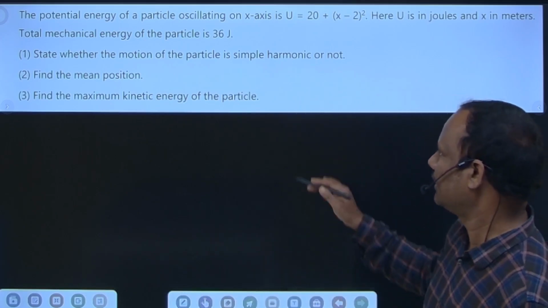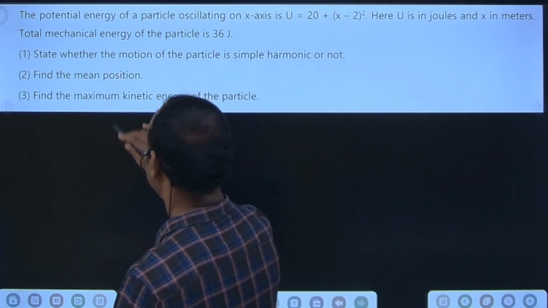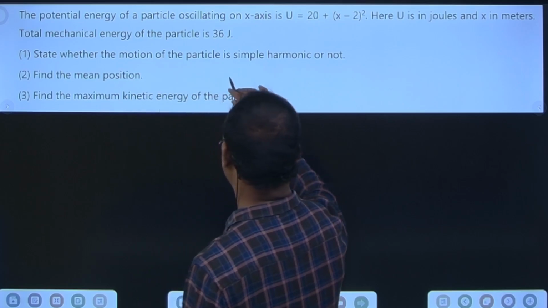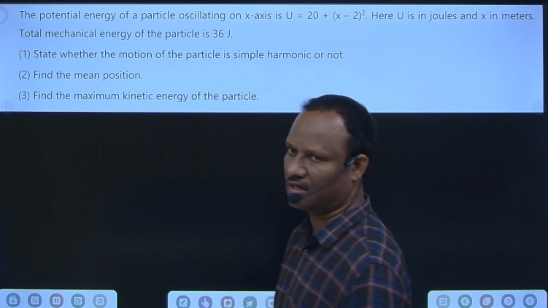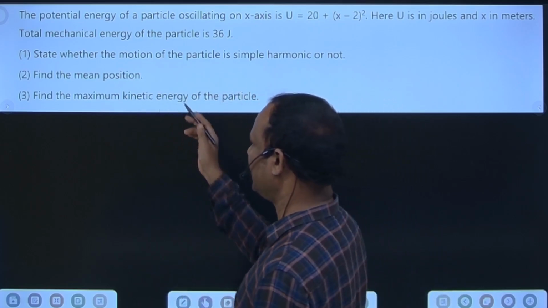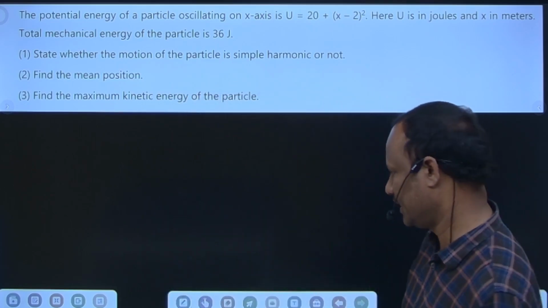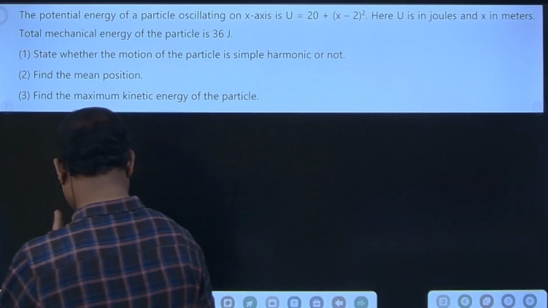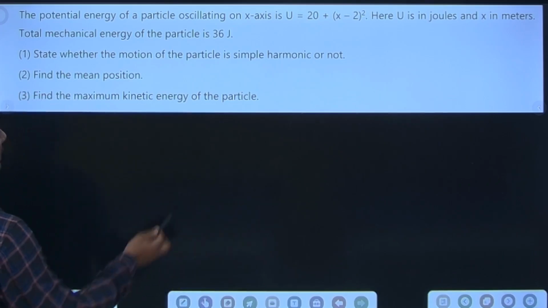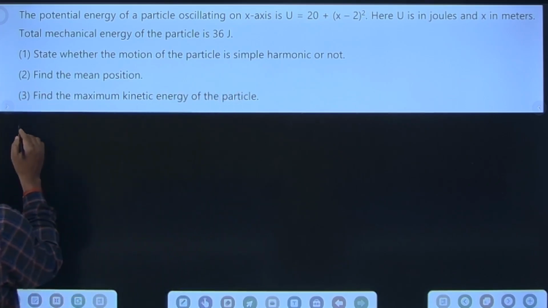The next question asks you to state whether the motion of the particle is simple harmonic or not, find the mean position, and find the maximum kinetic energy of the particle. What is given in the first question?